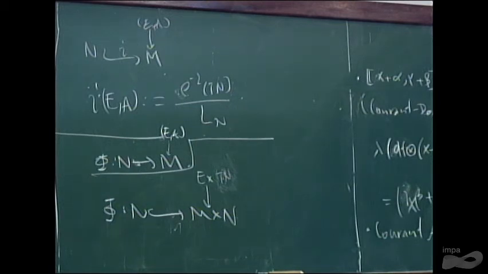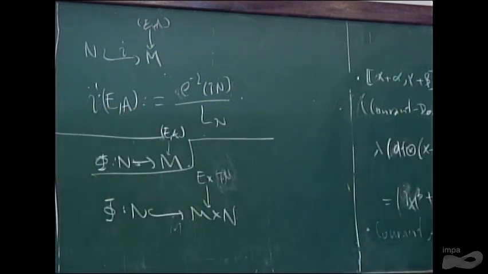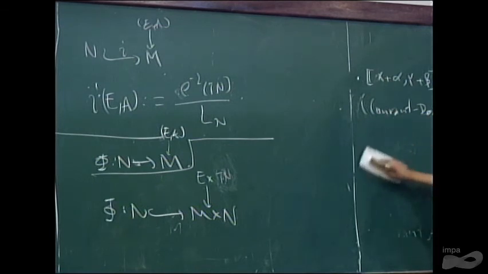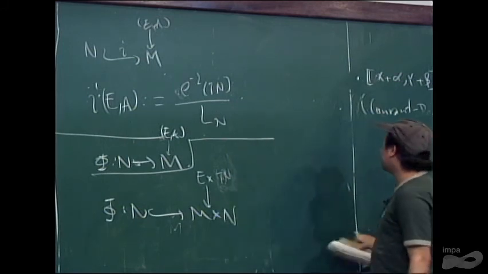When do we have pullbacks? Why in the Courant algebroid and Lie algebroid case do we have pullbacks? At first we only have these restrictions here, but we don't know how to make pullbacks in general.